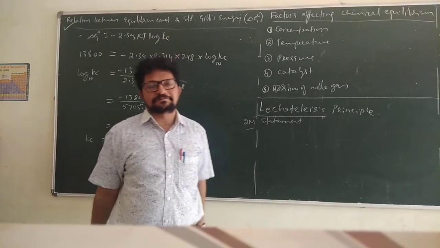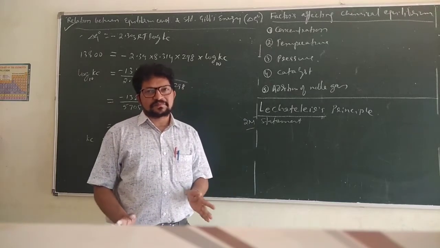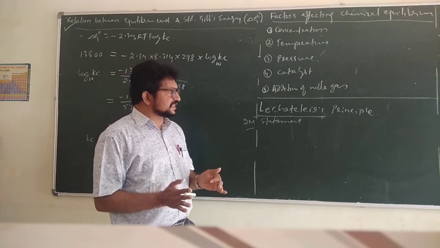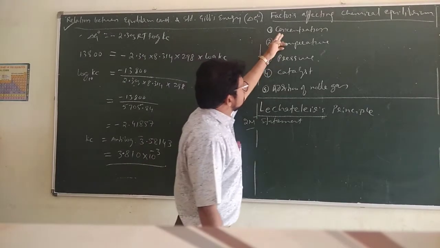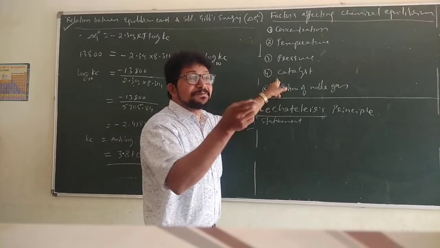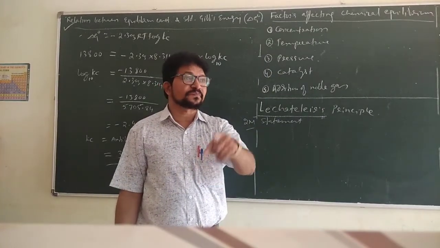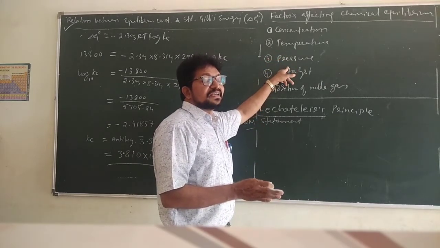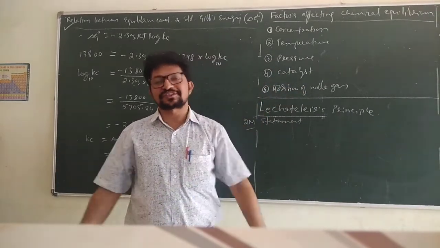Now listen very carefully. When a system at equilibrium is subjected to a strain or a constraint in terms of any of the factors, the equilibrium shifts its position in order to cancel this strain, and it once again attains equilibrium at a new position.